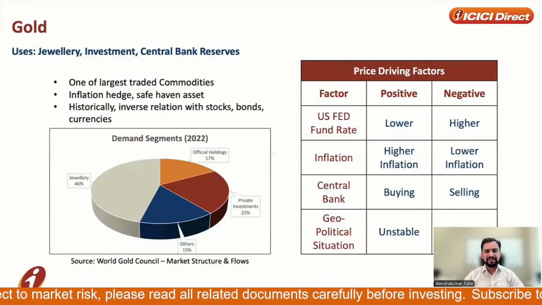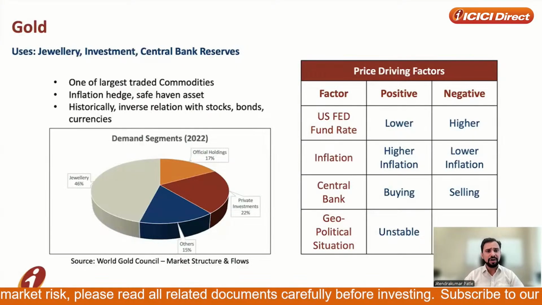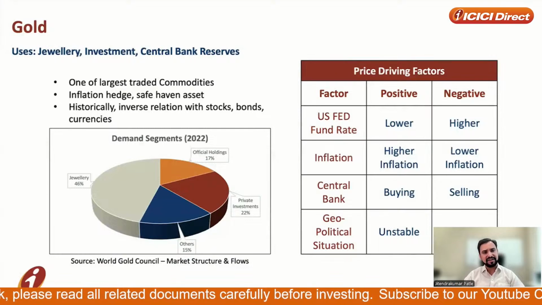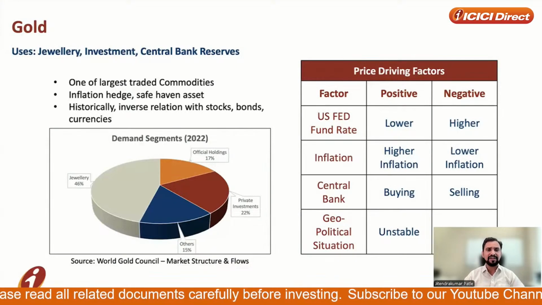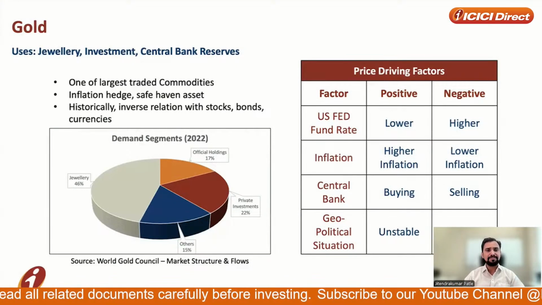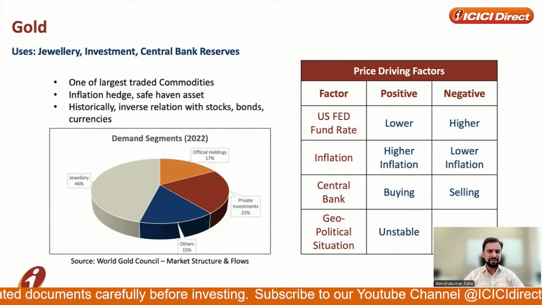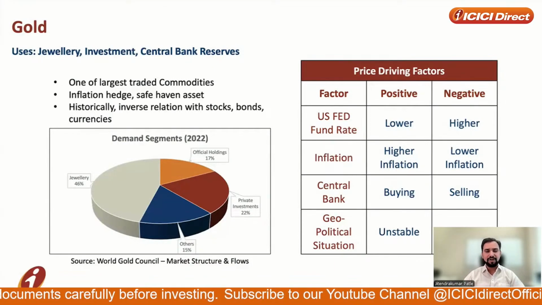Talking about the bullions, let's understand the first commodity, that is gold. Again, as we discussed, gold is the largest traded commodity and is considered a safe haven asset, or we can say an inflation hedge commodity. The use of gold is basically for jewelry. Everybody uses it for rings or ornaments.